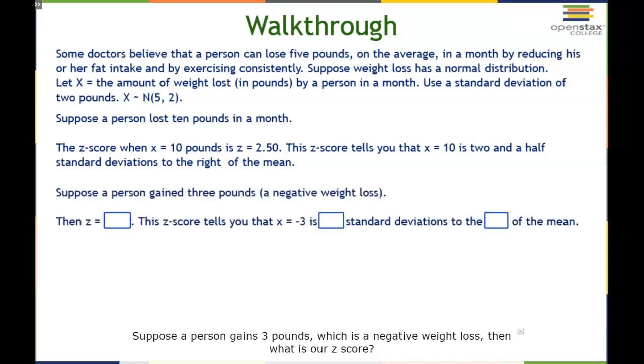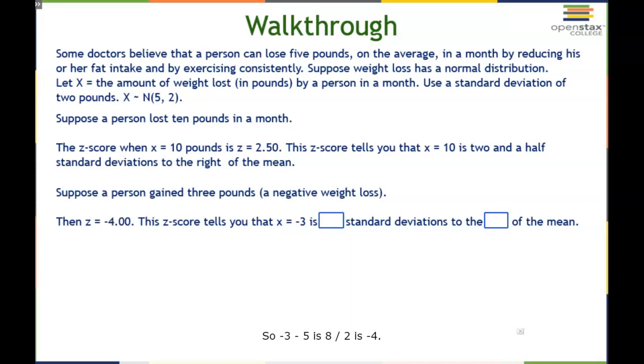Suppose a person gains 3 pounds, which is a negative weight loss. Then what is our z-score? Well, our z is going to be our x value minus our mean, all divided by 2. So negative 3 minus 5 is negative 8, divided by 2 is negative 4.